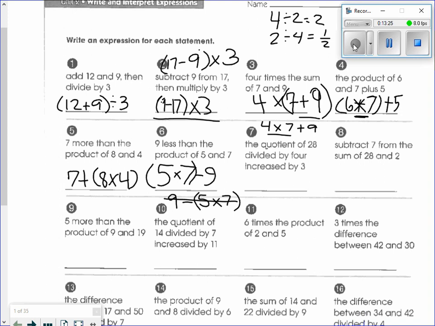The quotient of 28 divided by 4 increased by 3.